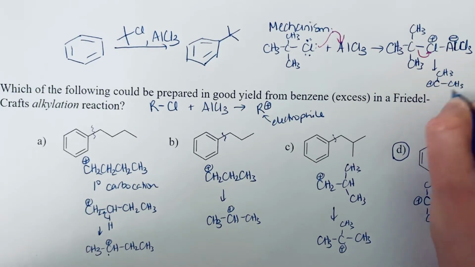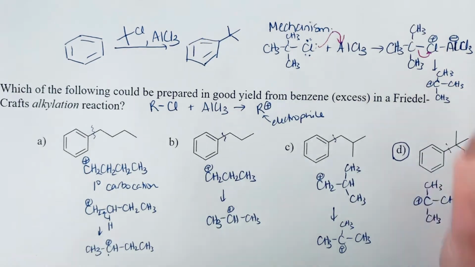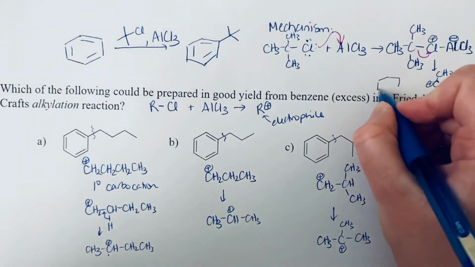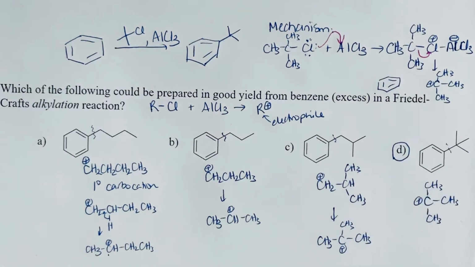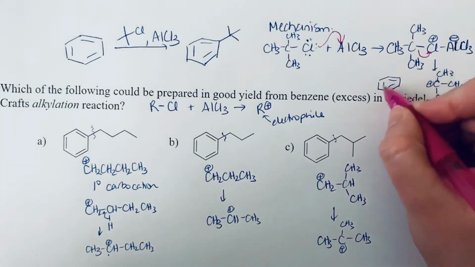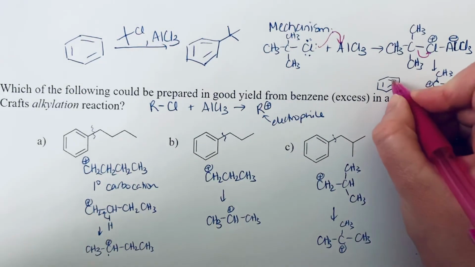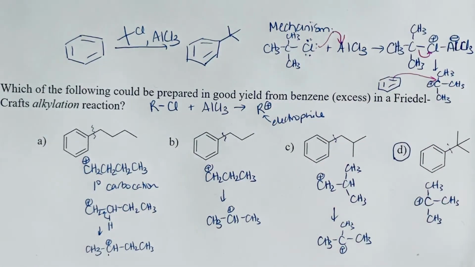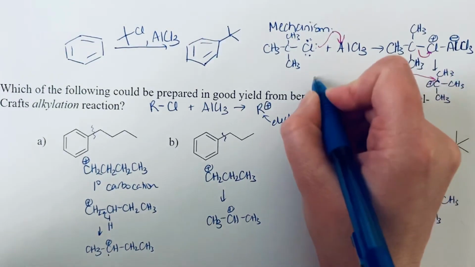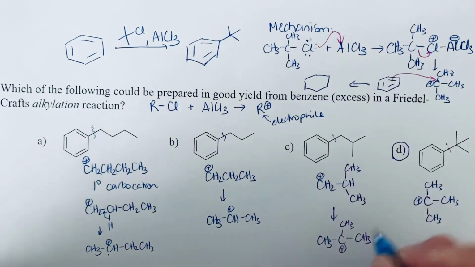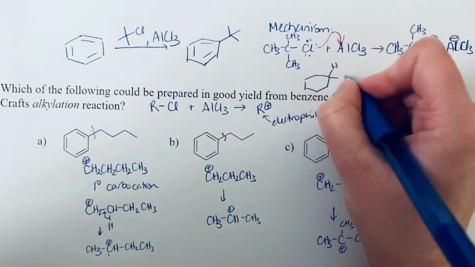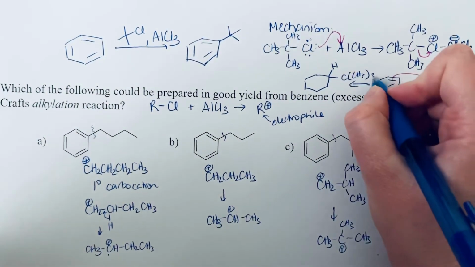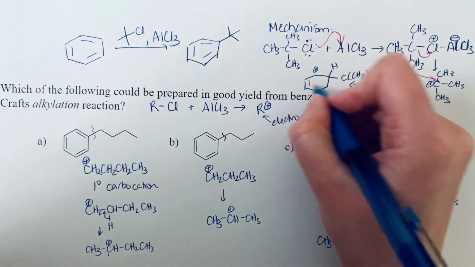Once you have the carbocation, this is a really powerful electrophile, and now the benzene could react with this. Your benzene is a nucleophile, so since it's unsubstituted, you could draw this arrow from any one of those pi bonds, and it's going to form a new bond to that carbocation. We still have that hydrogen at that center that we're going to need to take off in the next step.